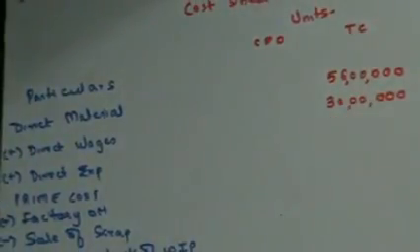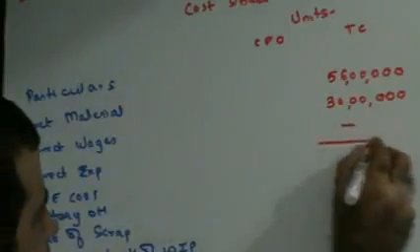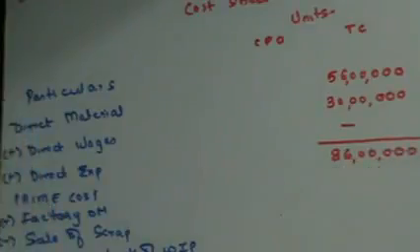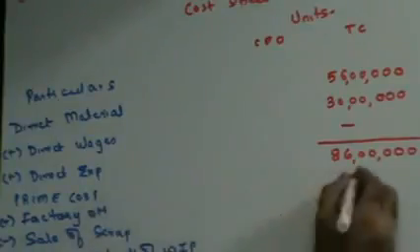In that statement they've given you the second entry, direct wages is 30 lakhs. Direct expenses are not given to you, so this prime cost is going to be 86 lakhs. Next, they said that factory overheads are 20% of prime cost. So 20% of 86 lakhs is going to be 17 lakh 20,000.